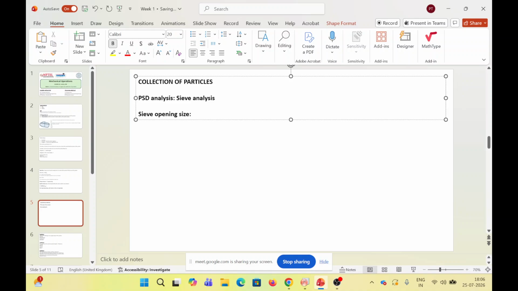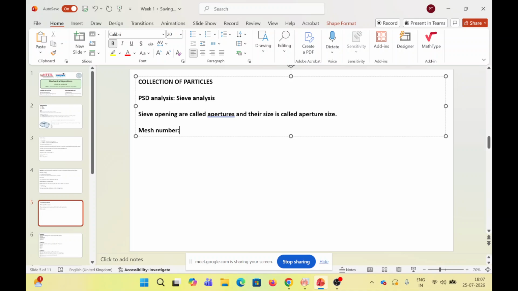These sieve openings are called apertures, and their size is called, sorry, aperture size. This aperture size of the screen is usually defined by a parameter which is called the mesh number.